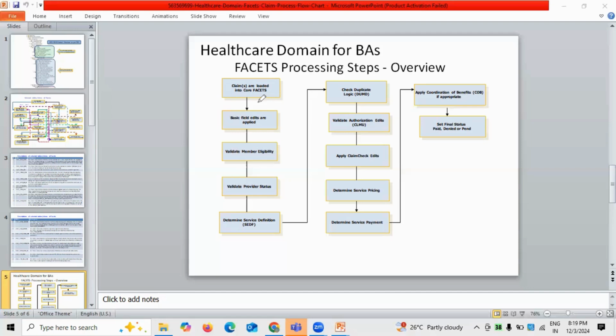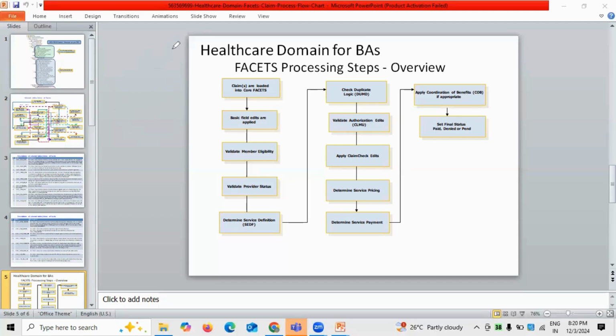I'm talking about the organization level. Whatever required fields are to be applied, everything can be edited over here. This varies from organization to organization. So what are the fields that are to be edited? Who is giving the requirement? This requirement will be given by the business analyst.